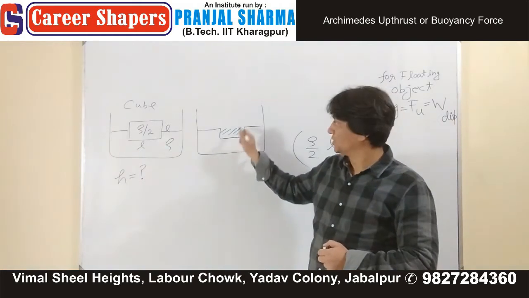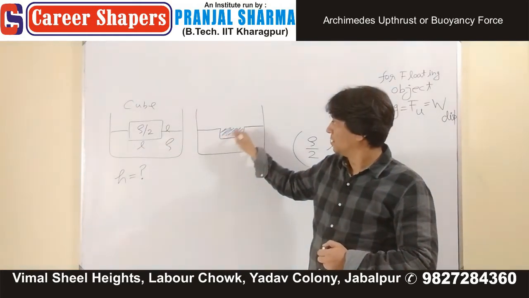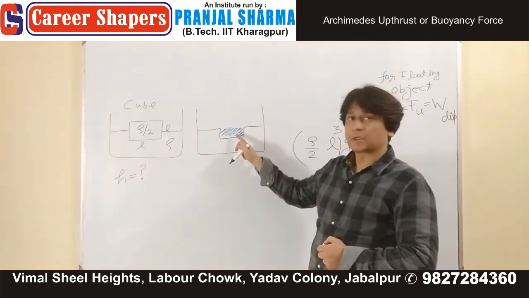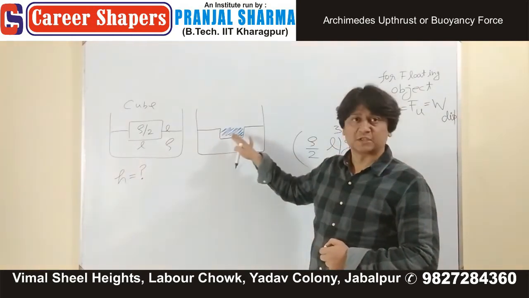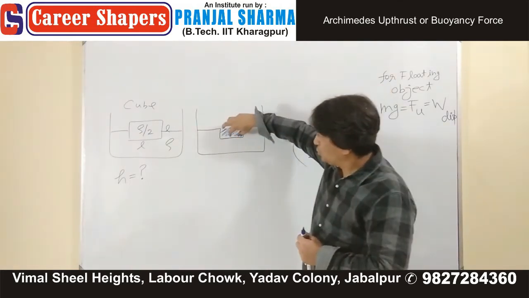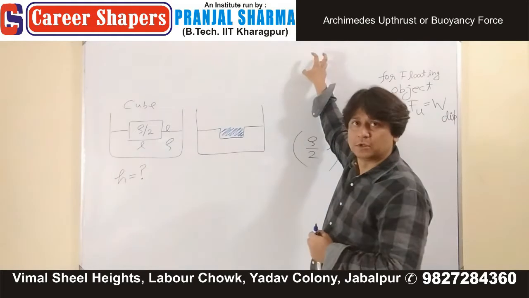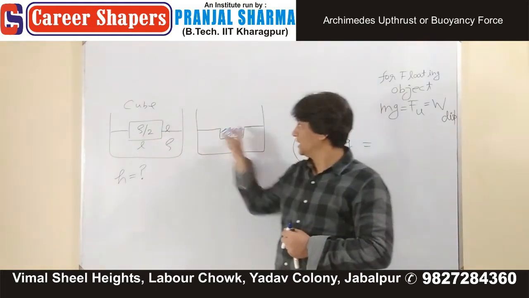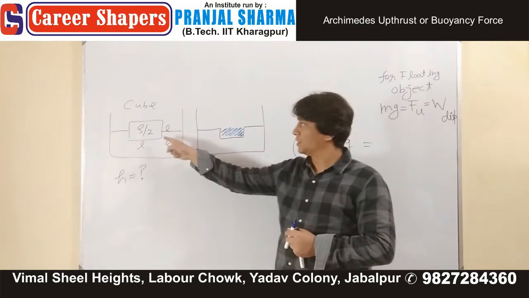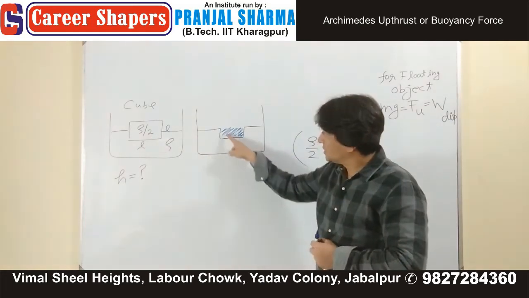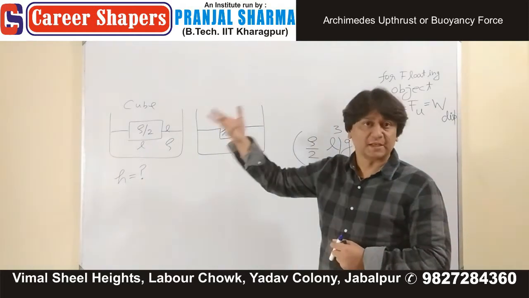I hope you can see this blue part. This much liquid was present at this place. You took this blue part out and put this object inside here, giving you this setup. So this is your displaced volume.